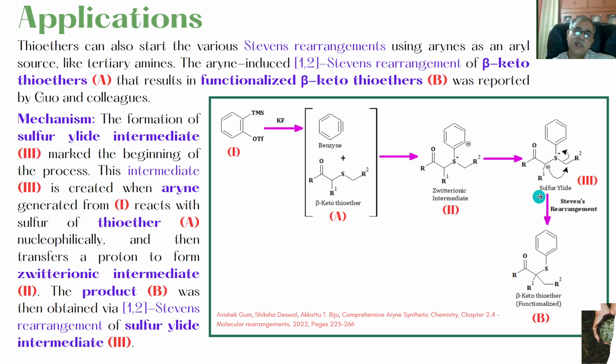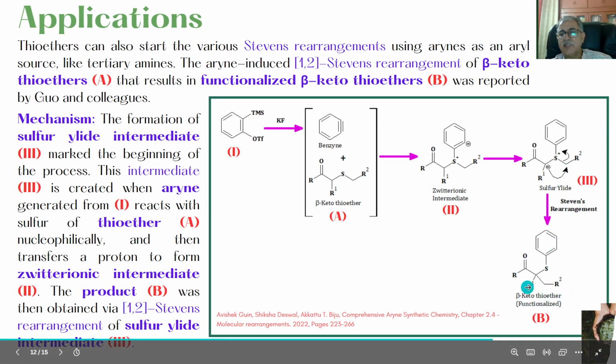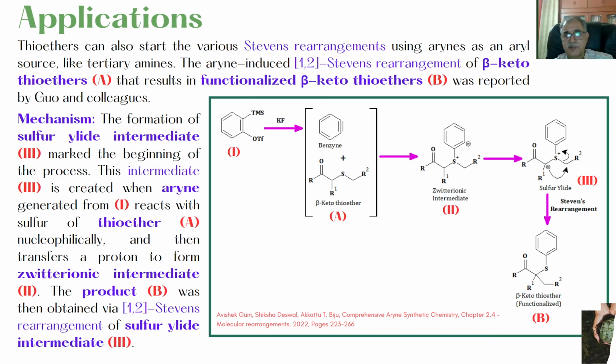And in a similar manner to what we have seen in the case of quaternary ammonium salts, these sulfur ylides will also undergo 1,2 Stevens rearrangement, and we will get functionalized beta keto thioethers as the product.